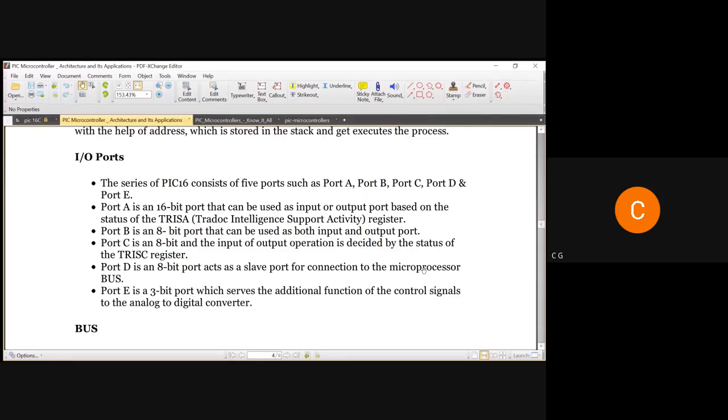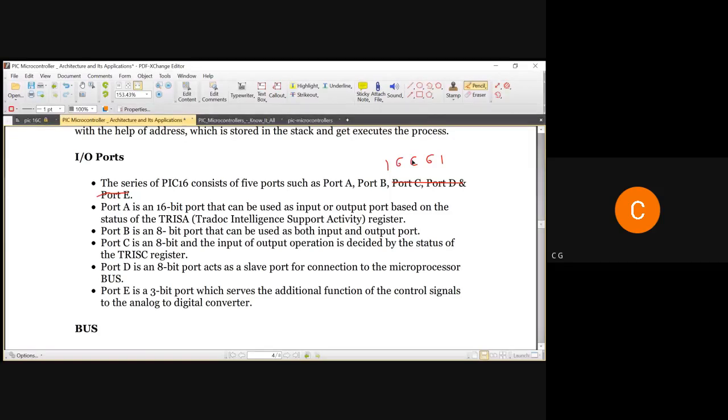The series of PIC 16 consists of 5 ports such as port A, port B, port C, port D, and port E. In case of 16C6X, for 61, 61 is having only port A and port B. So you make sure that this is not there for 16C61.